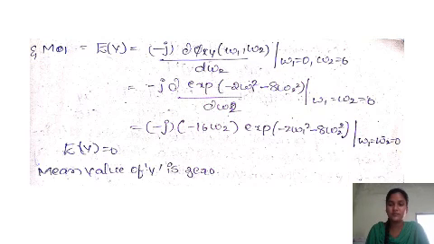If you substitute ω1 and ω2 equal to 0, the overall term becomes 0. That is, the expectation of y is also 0. So the mean value of y is 0.